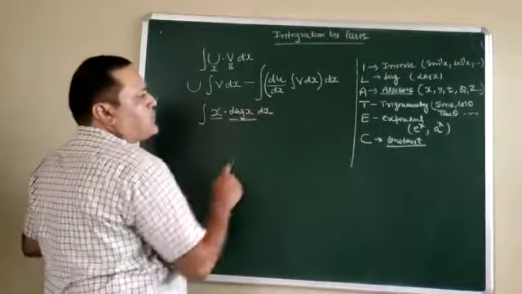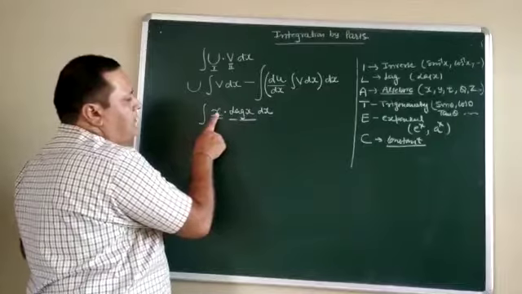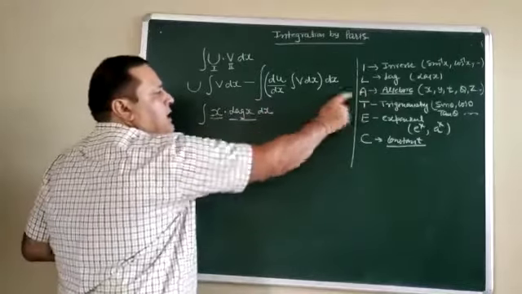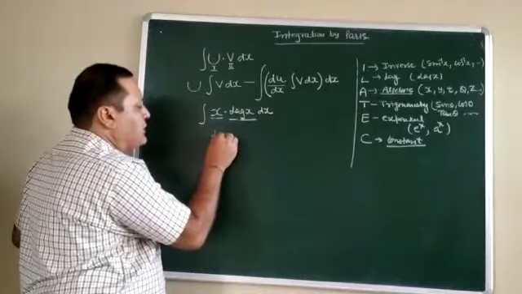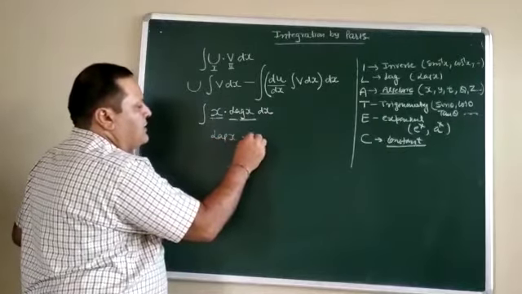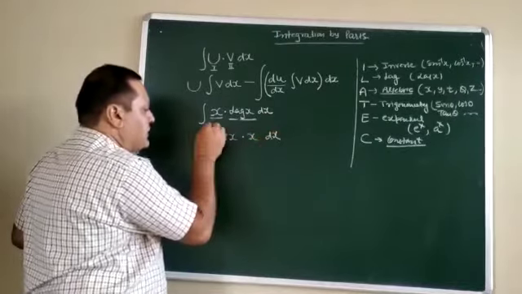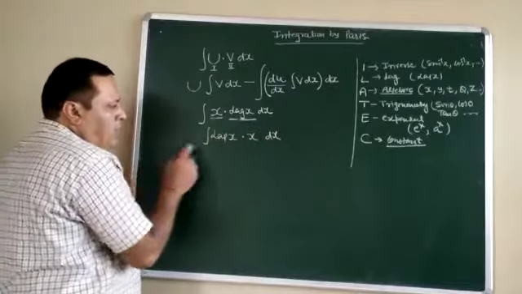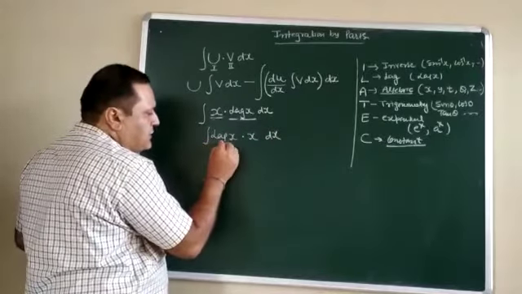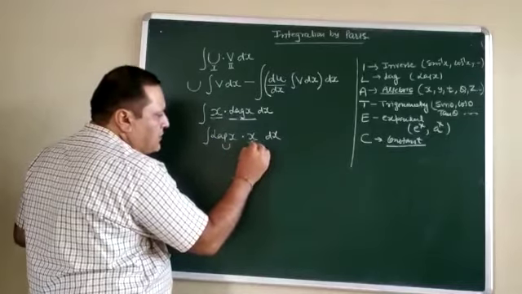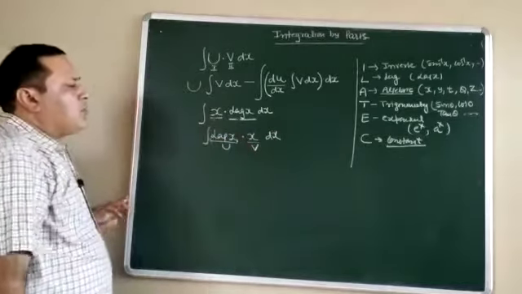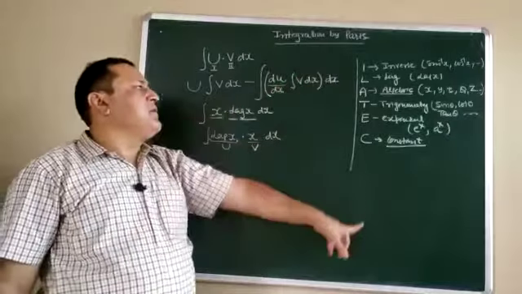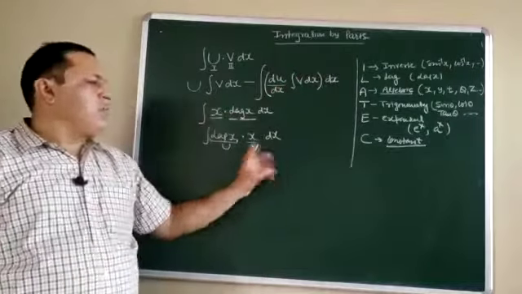So according to this formula, the log function becomes first and the algebraic function second. First of all, arrange the statement: log of x into x dx. The first function is u, and the second function is v. This is the important thing to understand first.